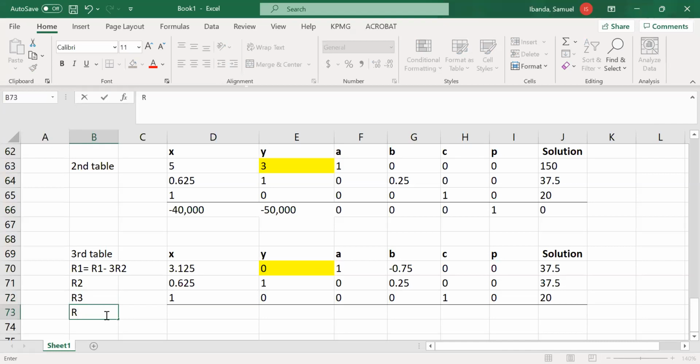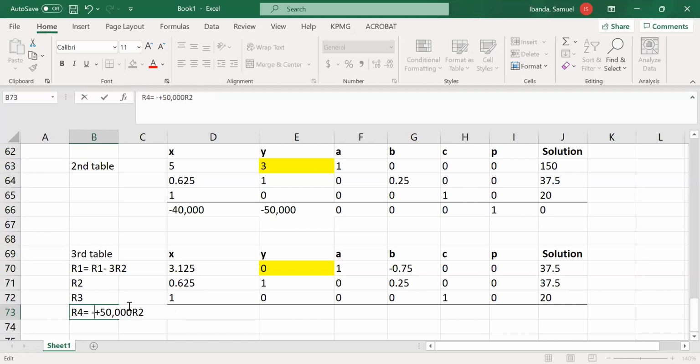Now my row 4 is going to be, remember I used the 50,000 to dictate. So it's going to be what is already there, negative 50,000, okay. Actually, leave out this.